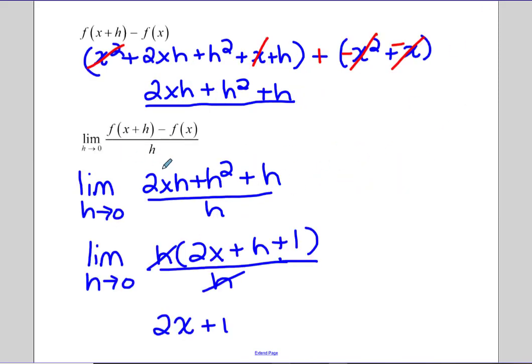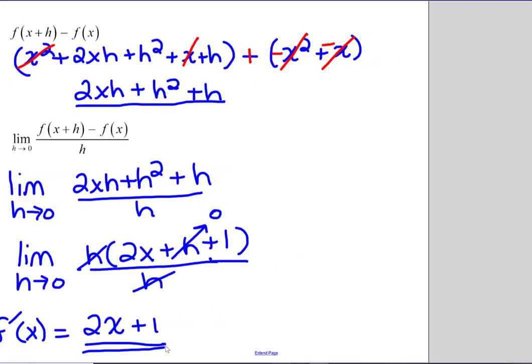Then in the third part, if we take the difference quotient, set it up, factor out an h from each of the terms, then substitute 0 for that particular h that's left, we end up with 2x plus 1, which is called the slope of the function, or the derivative, at any point on the curve: 2x plus 1.